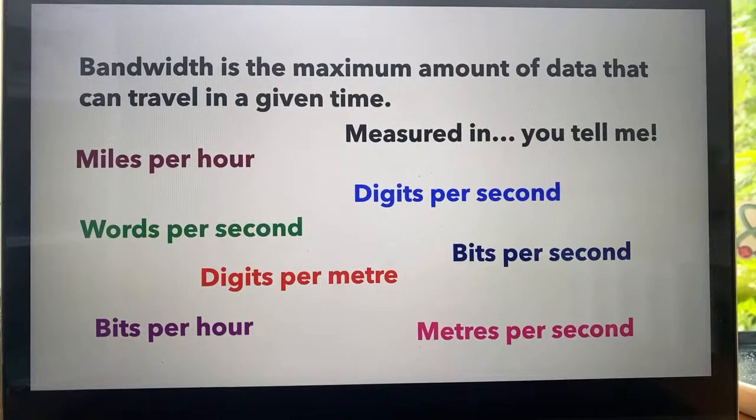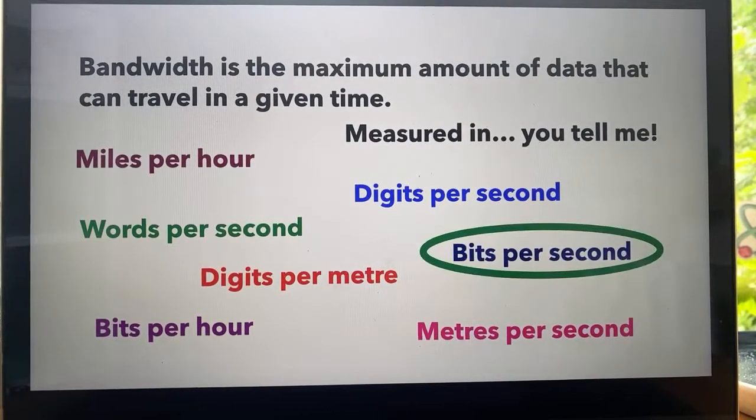What's it measured in? Is it miles per hour, words per second, digits per meter, bits per hour, digits per second, bits per second, or meters per second? Which one? Again, this is 5 seconds. It's bits per second.